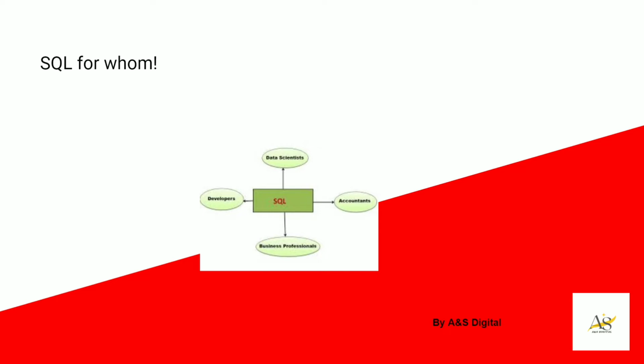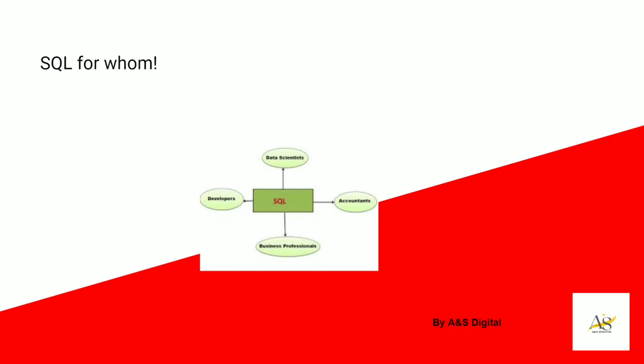So, who is SQL for? SQL is for various sets of people. Of course, it is for developers, because they are the ones who interact with this query language and do various developments. But it's also for data scientists.